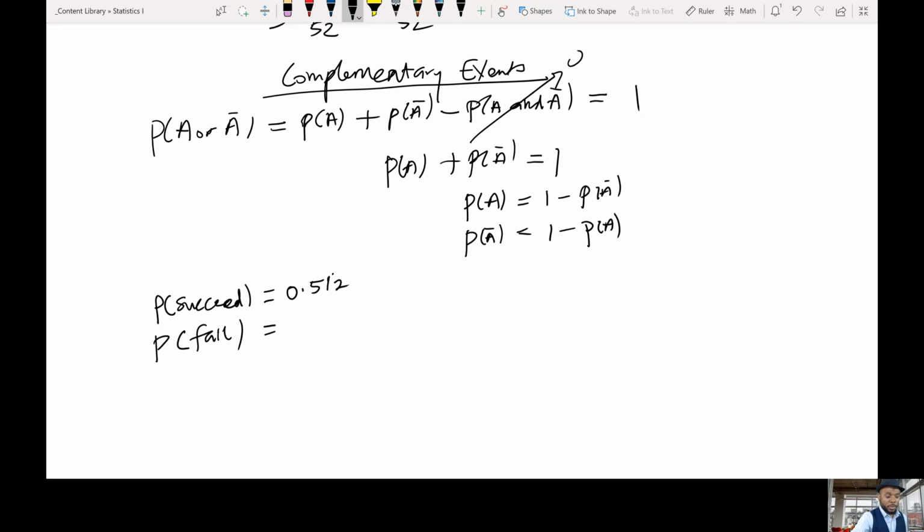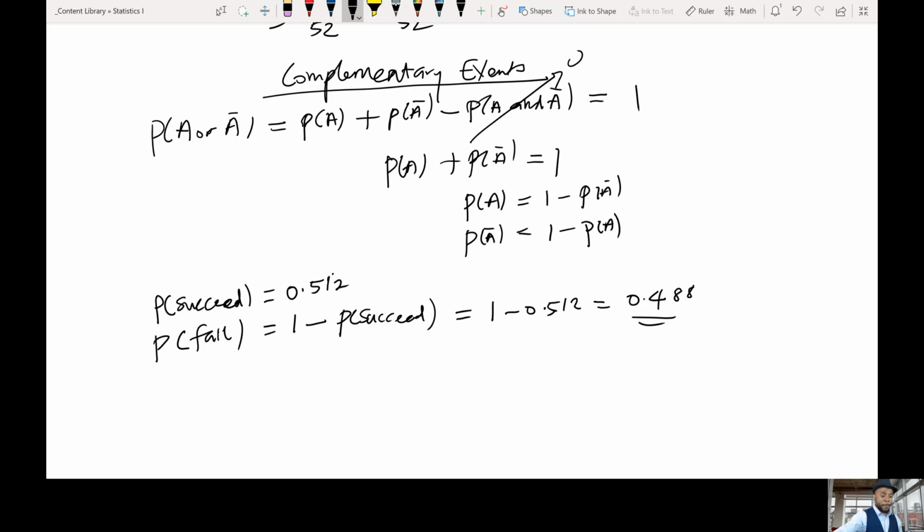That will be equal to 1 minus the probability that the business succeeded, so 1 minus 0.512. If you get out your calculator and do the computation, you should have 0.488. Okay, so that's the addition rule.